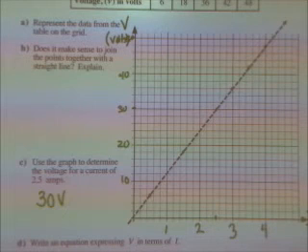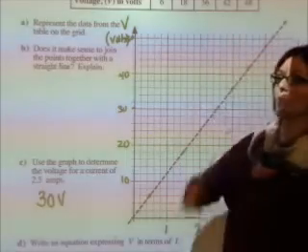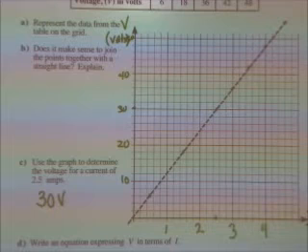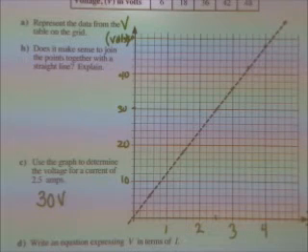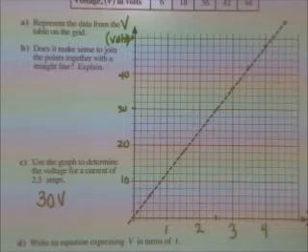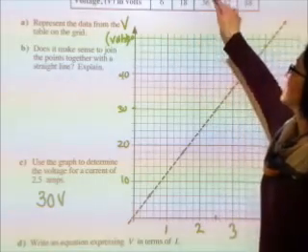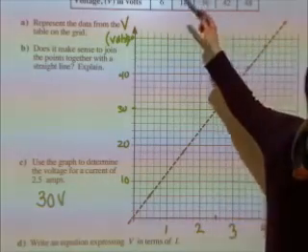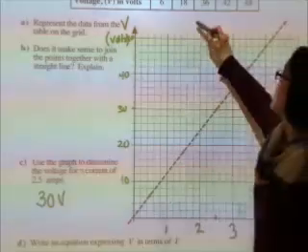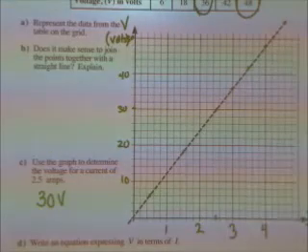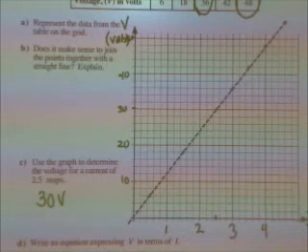Okay. Anyone come up with an equation that I can use? If I gave you the number of amps, could you tell me how many volts there would be? So looking at the relationship between the numbers. In other words, what could I do to these numbers to get there? So in my case, I always look at the whole numbers. What could I do to 3 to get to 36?